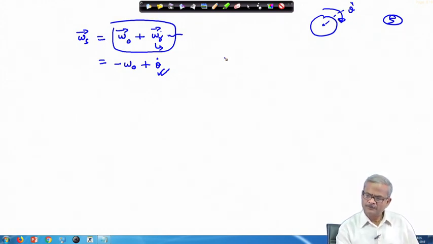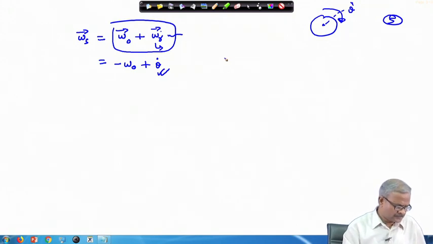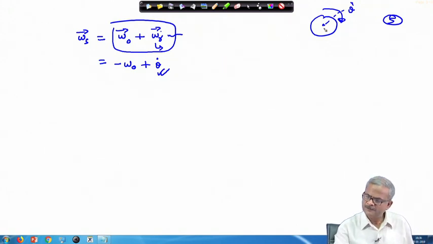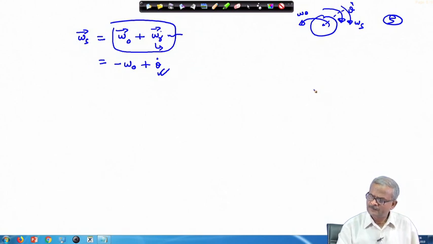So, now we have the theta dot, and omega 0 we have chosen along this direction. This is the omega 0 direction and omega s is along this direction. And the orbital frame is rotating this way, and with respect to this we are measuring theta dot.